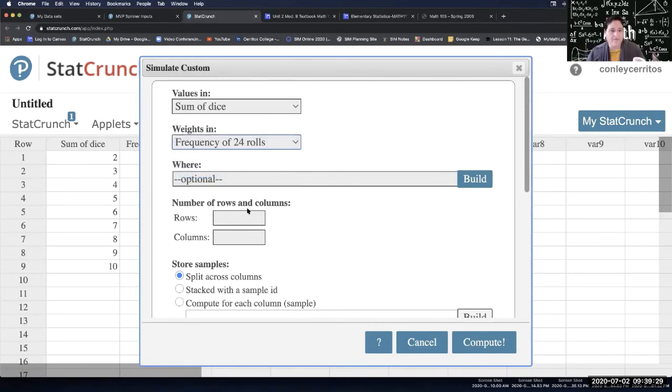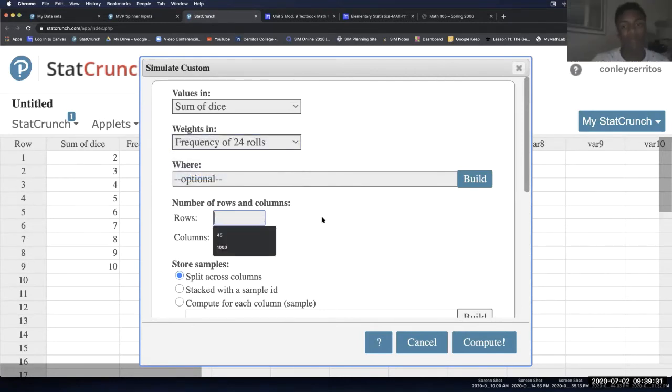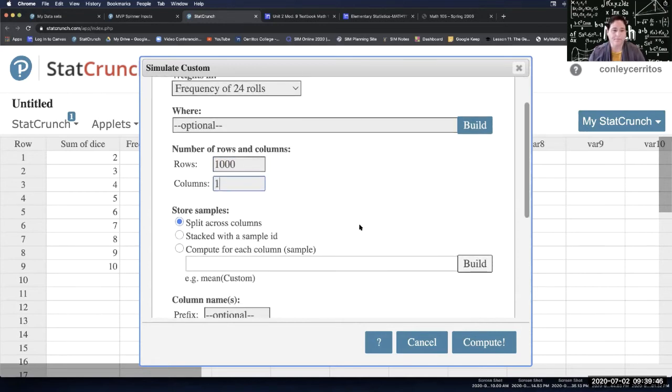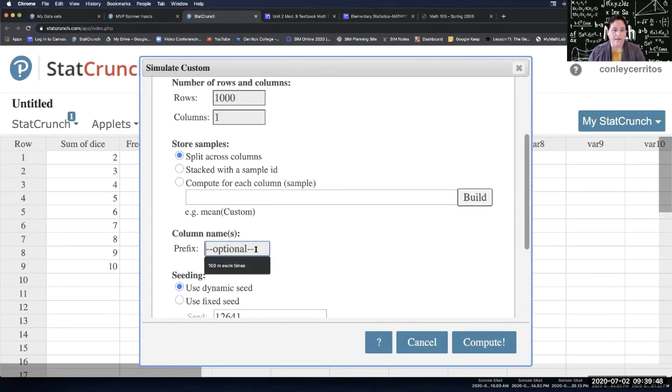Absolutely. So now, how many rows am I going to want? Remember, our rows is going to be how much data we want. How many times do we want to roll this die? 1,000. There you go. And then we're just going to use one column. And then I'm going to name it 1,000 rolls of the dice.